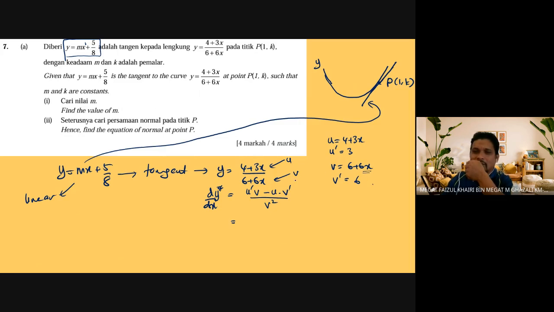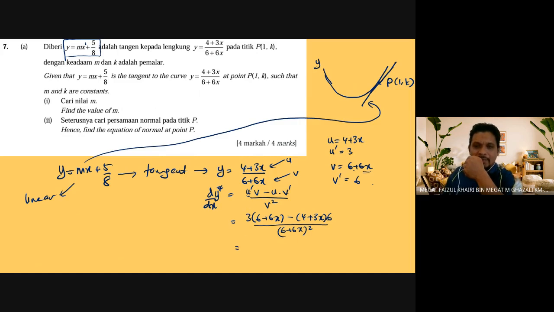So it's time for us to substitute into u prime, v, u, v prime, v squared. u prime equals 3, times v, which is 6 plus 6x, minus u, 4 plus 3x, times v prime, 6, divided by v squared, which is (6 plus 6x) squared.